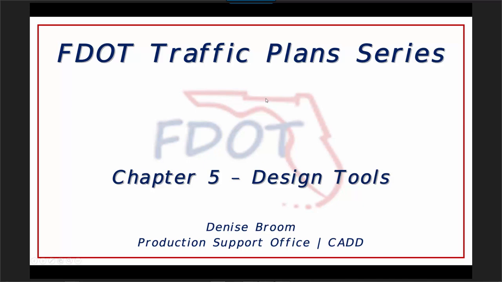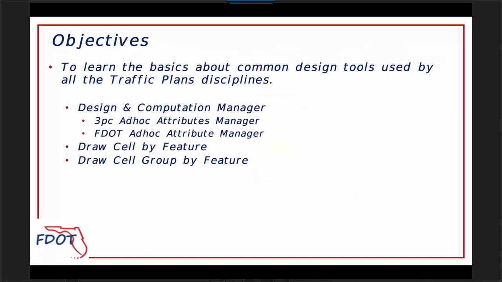We're talking about Chapter 5, the Design Tools. In this chapter, it has the main tools that are used commonly across all of the different disciplines within traffic plans. Those tools include the Design and Computation Manager, so we'll take a look at the different modes and the functionality within the DNC.